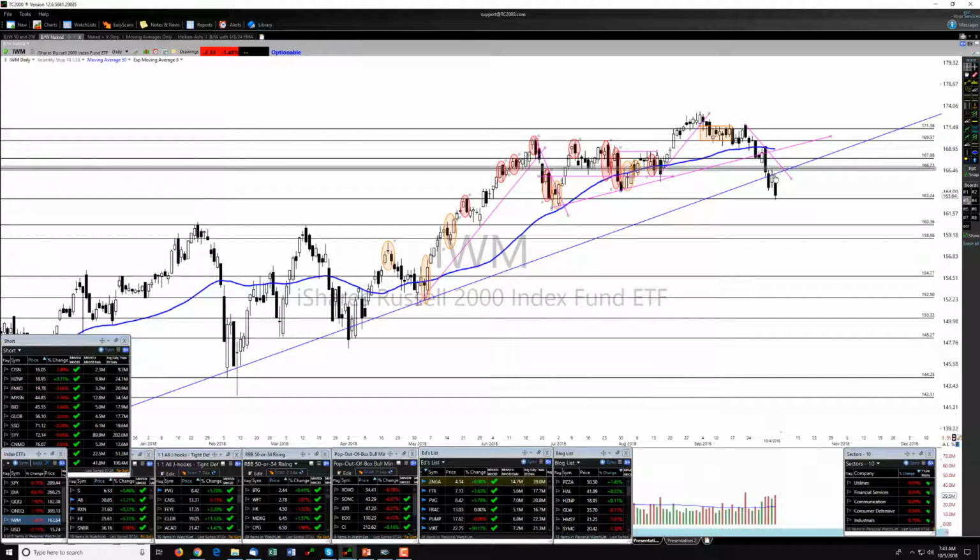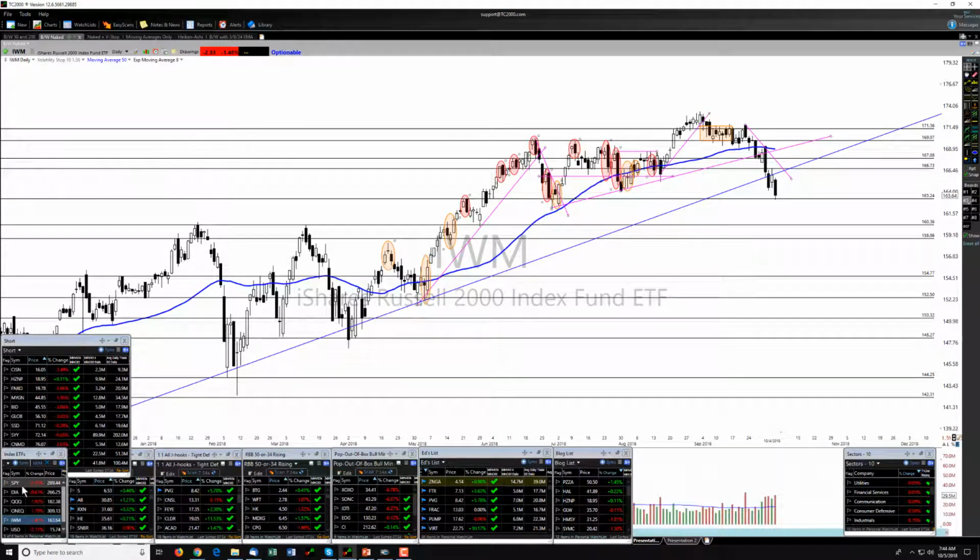It has fallen down through the 50, down through even the long-term trend, having long ago given up the short-term trend, and may, and that's a big may, have held a support level here towards the end of the day, but that is not a pretty chart any way you look at it.